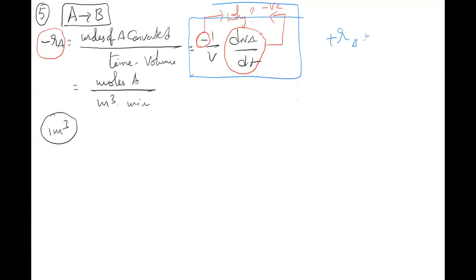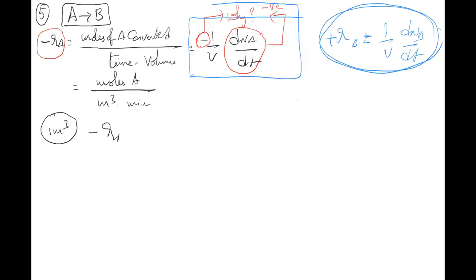So for B, I don't need a negative sign, because it is 1 by V into dNB by dt. I can write rate with respect to products also. Clear? So now let's think about minus RA, which is minus 1 by V into dNA by dt.